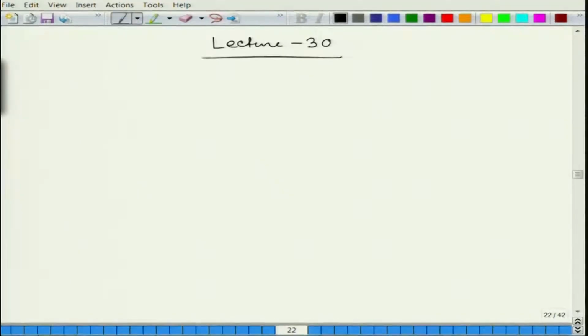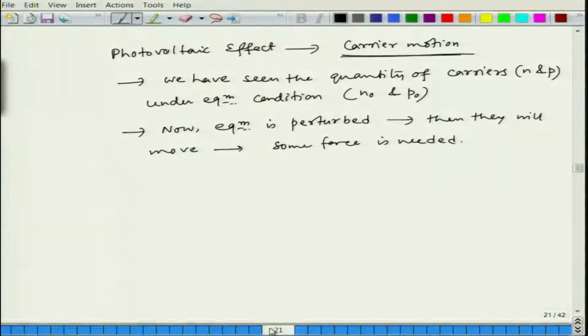So, in the last class we looked at this carrier motion, and this n naught and p naught are the equilibrium concentrations. Okay. Now, if this equilibrium is perturbed, either by applying a voltage or by shining solar light on these photovoltaic materials, then the equilibrium is perturbed and the carrier motion becomes real.